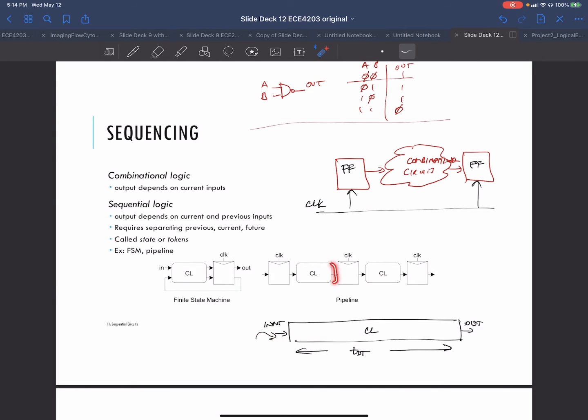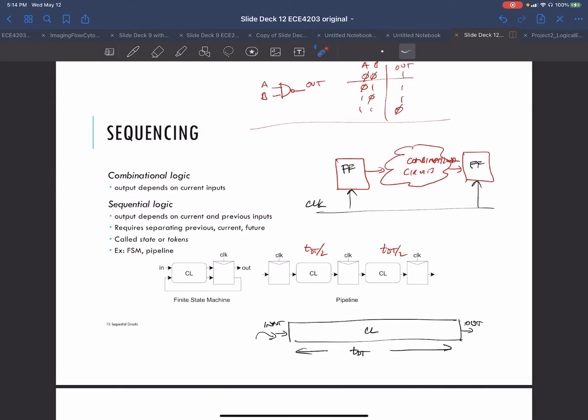Whereas with a pipeline stage, let's say you divided this into two halves, so each one of these elements in the pipeline had a T delay of T over 2. That means you could keep feeding data in here, and then once the data left this stage and went into the second half, you'd be free to put your next batch of data in here.